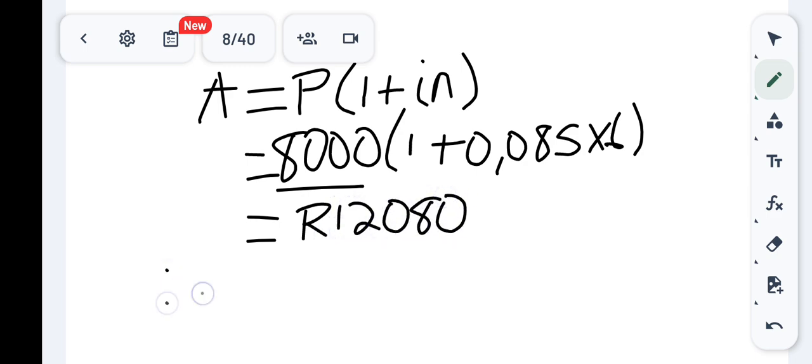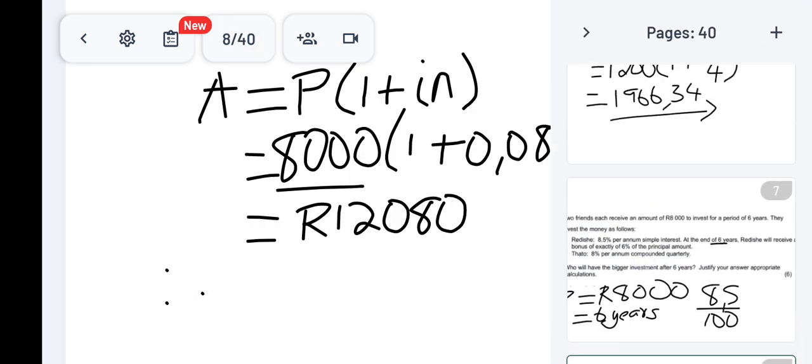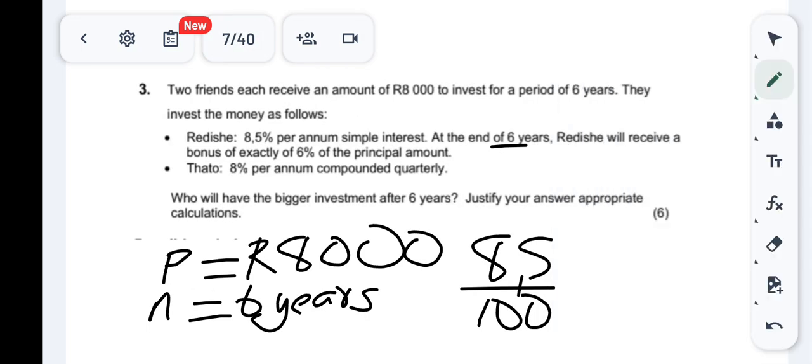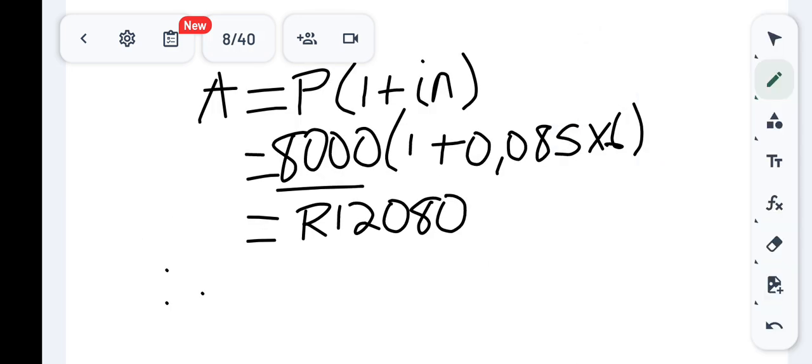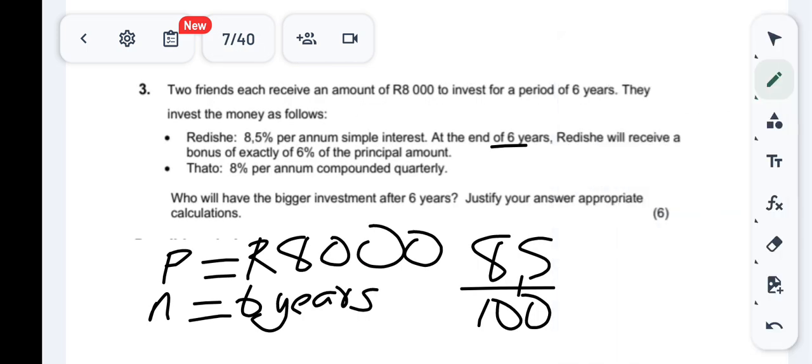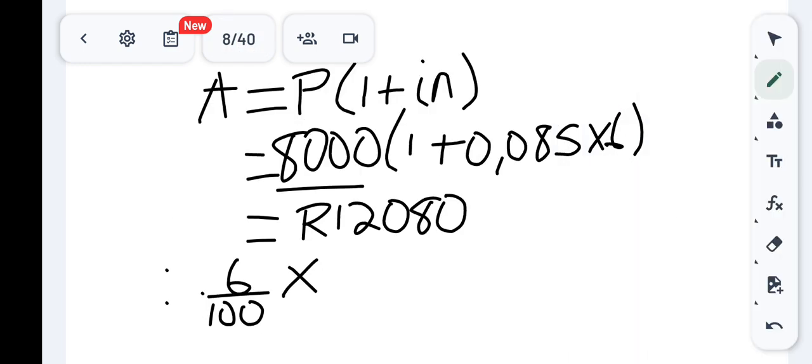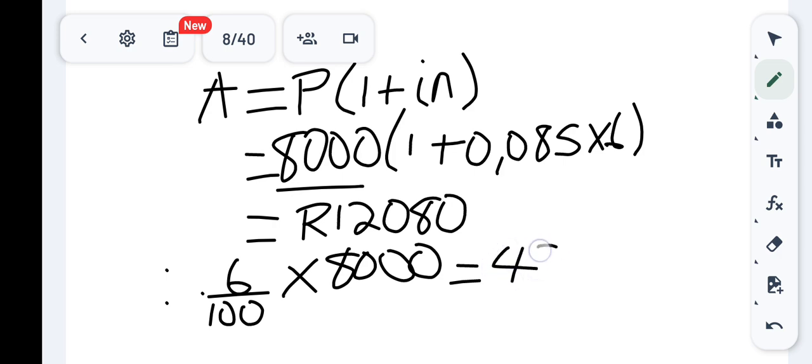But she will receive a bonus of exactly 6%, which is 6 over 100, of the principal amount, which is 8,000. Put this into your calculator: 6 over 100 multiplied by 8,000, that is 480.